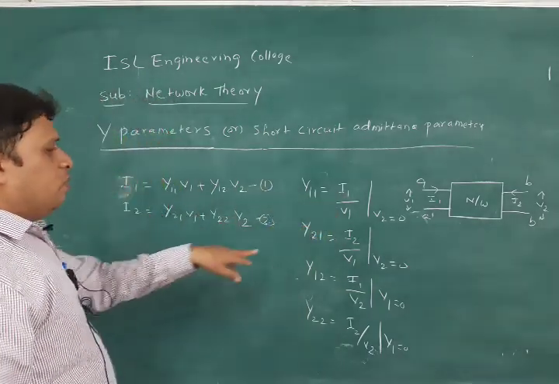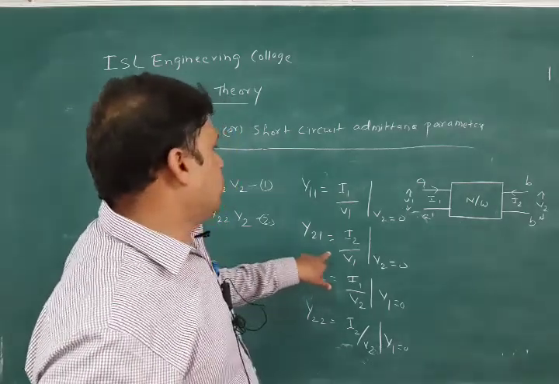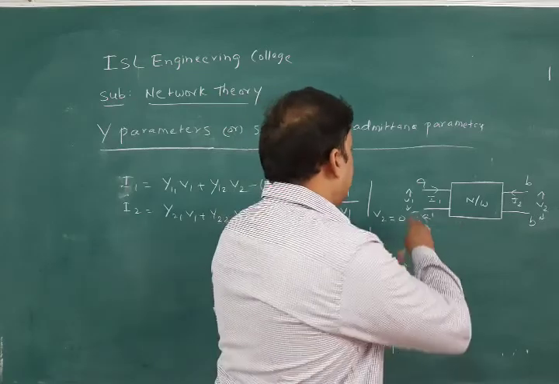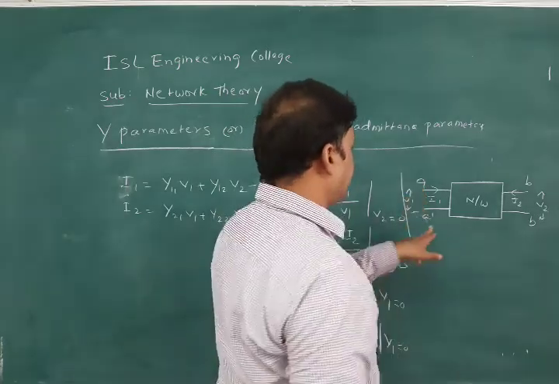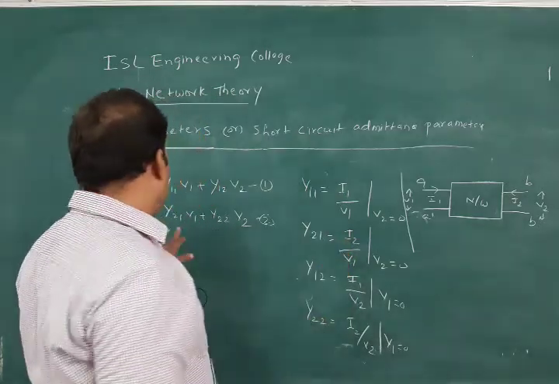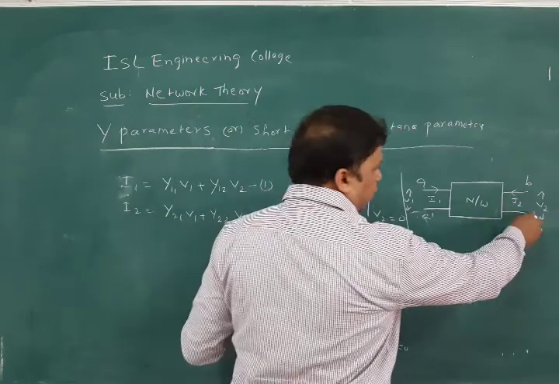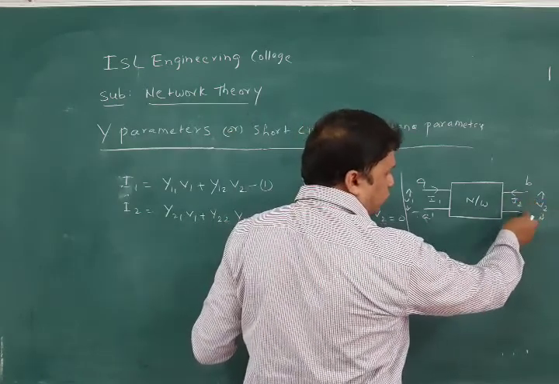In the same way, to find Y21, come to this diagram. Y21 is equal to I2 by V1, where V2 is short circuited, so voltage is not measured.